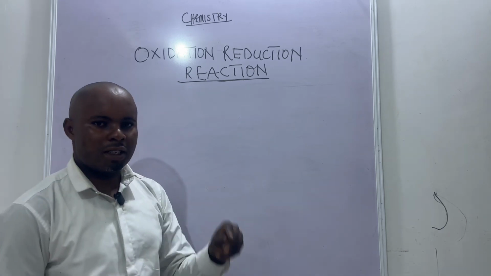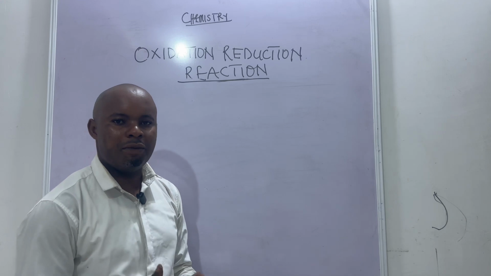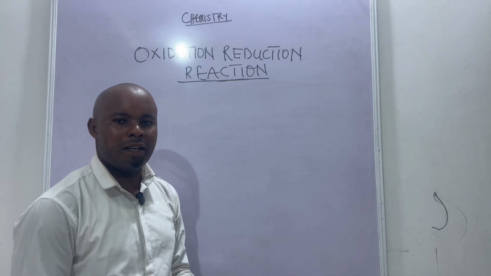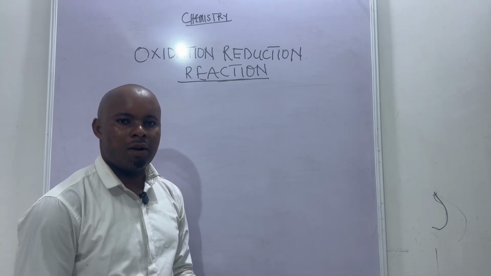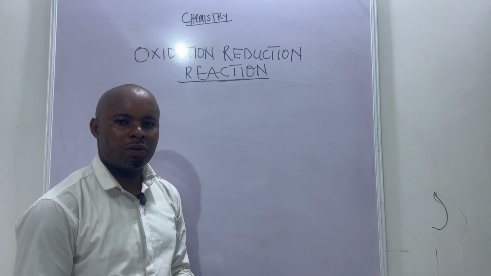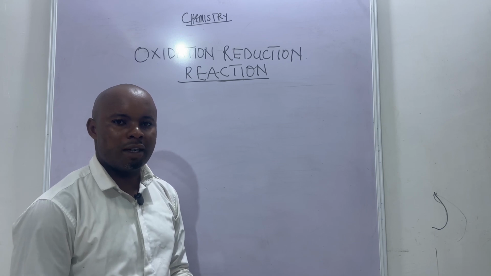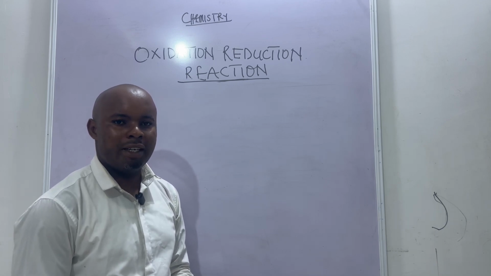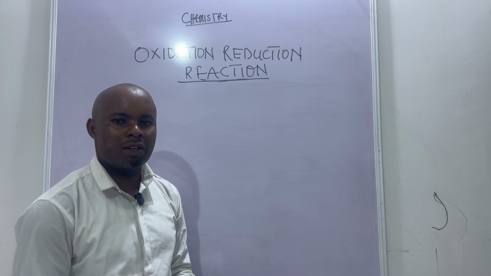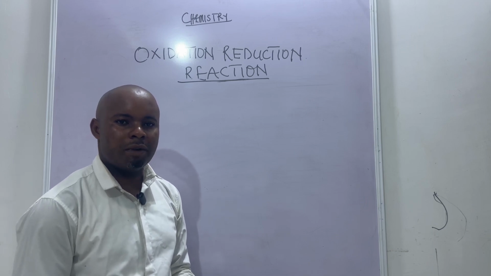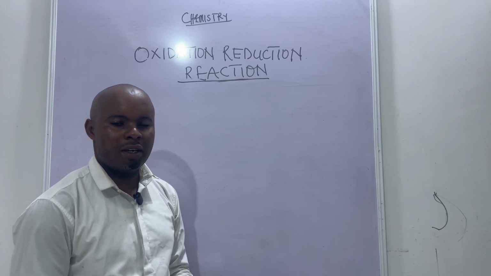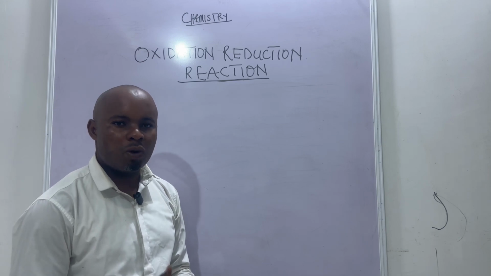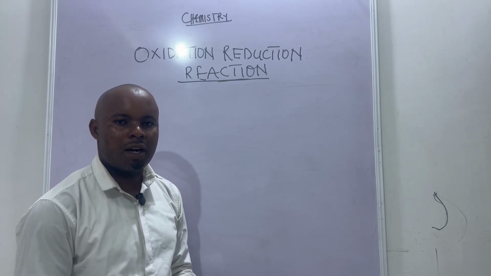For us to understand this concept again, from the review I've had from the previous video, I got to understand that most of my students are not familiar with oxidation number and how to obtain the oxidation state of the central atom. So from the first step we're going to entertain today, we'll talk more about oxidation number of central atoms.